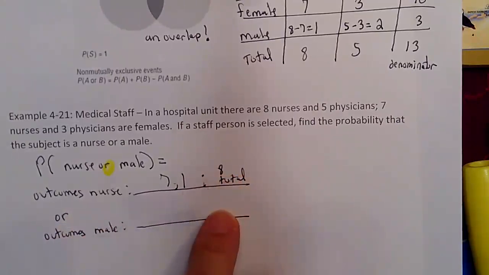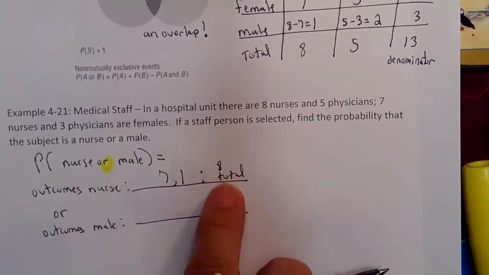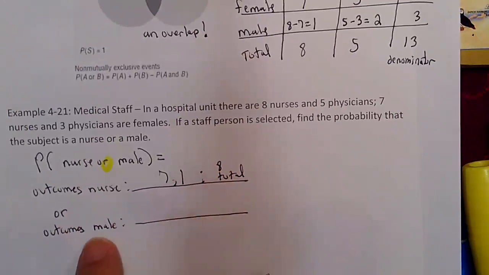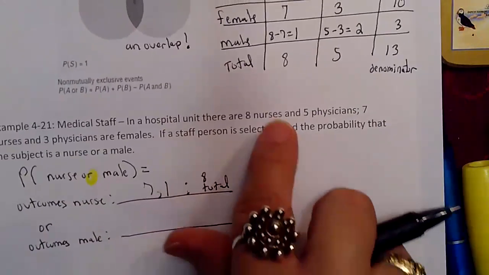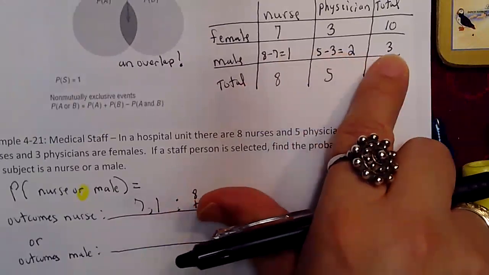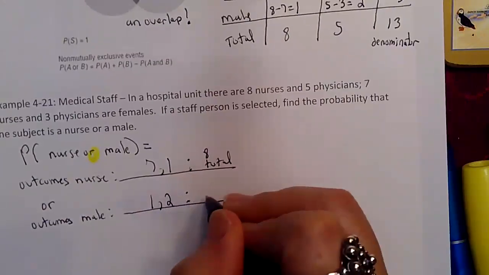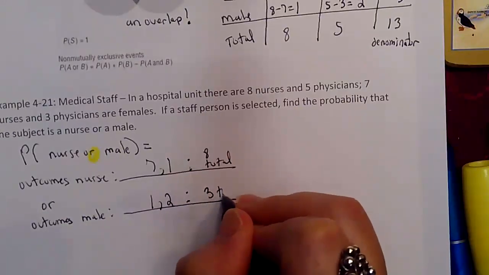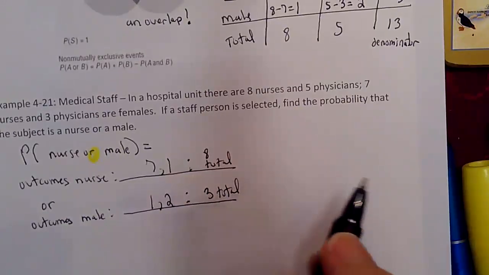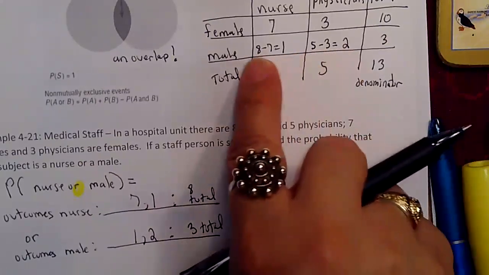There's not a need to keep track of the totals. But when we have an or, we want to keep track of the totals. And then the outcomes for the male, it's 1 comma 2, and then the total is 3. Okay, so it's 1, 2 for the male.